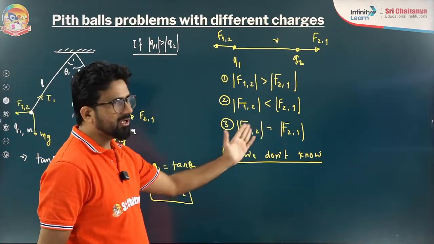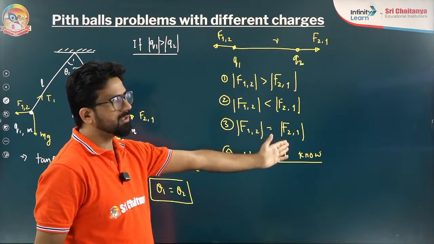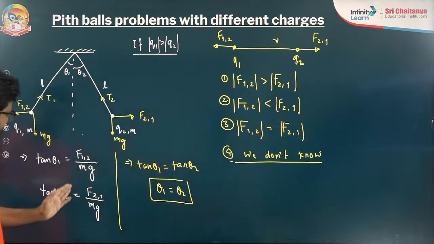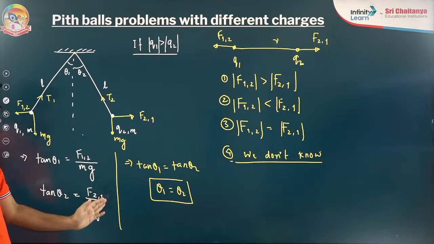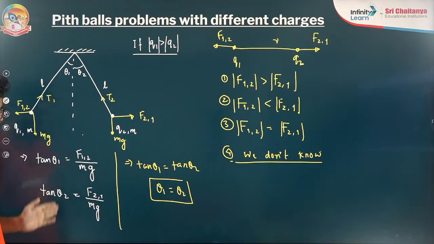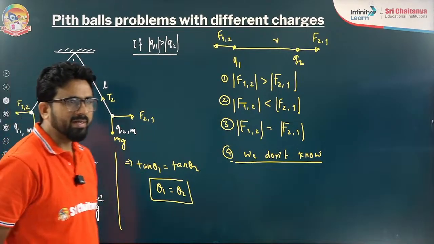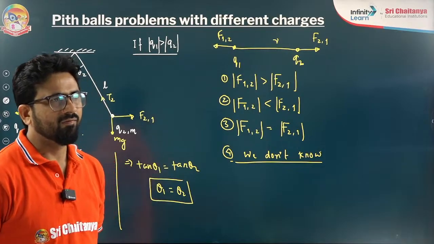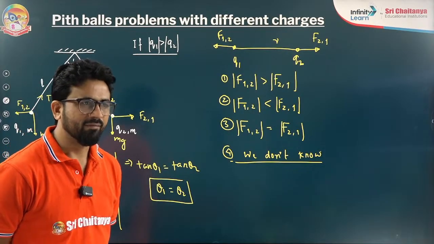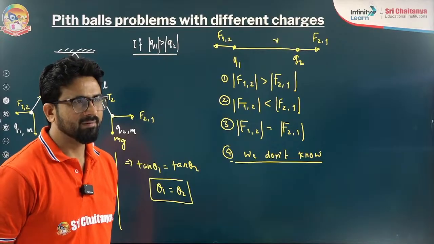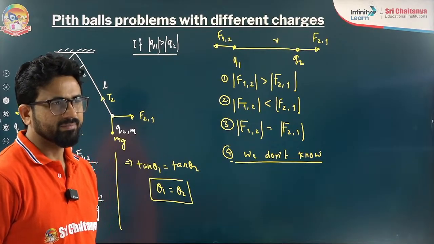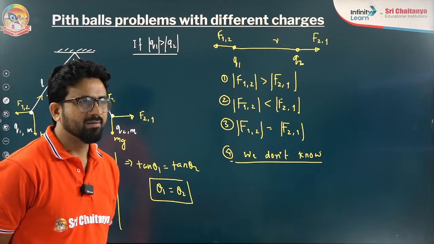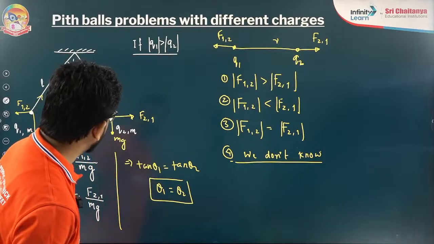Because these two values are equal. F12 is equal to F21. mg is already equal, I am not taking different. Then what will happen? Theta 1 is equal to theta 2. Vamshi, clear? Very good, beta. Praveen, good. Thank you, beta, Vamshi Yadav.